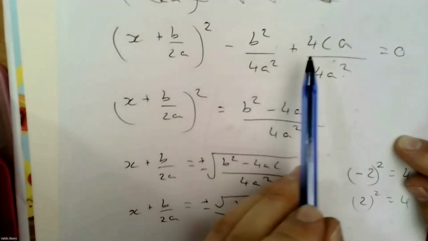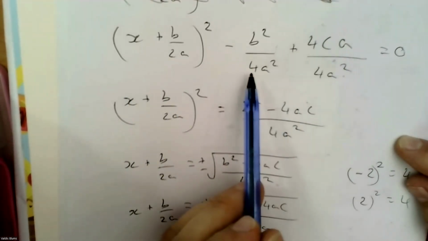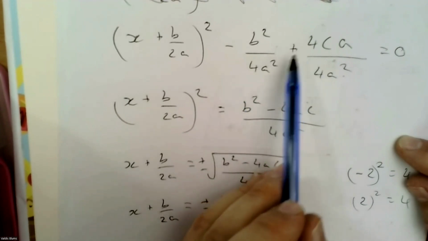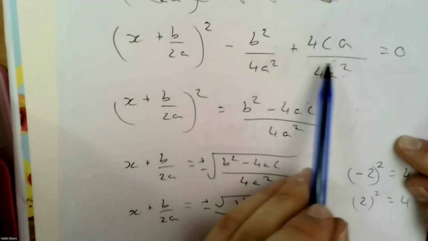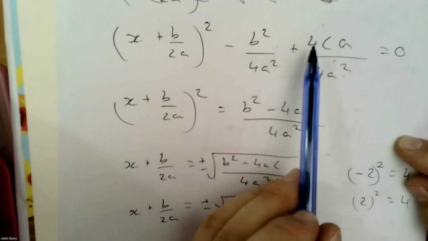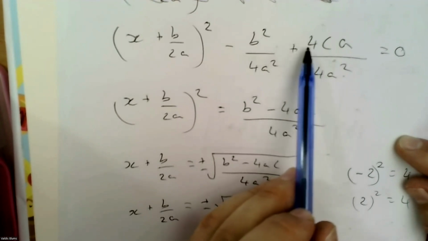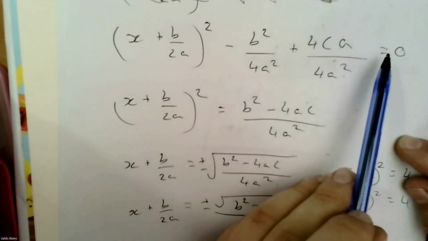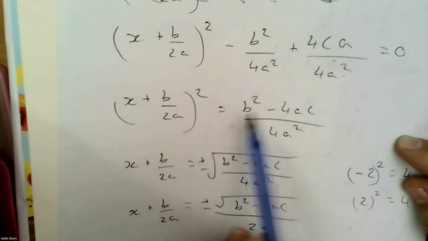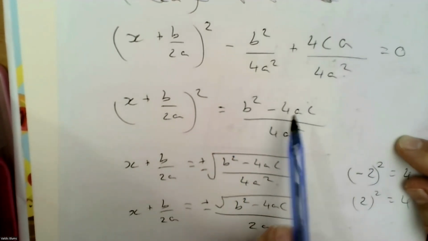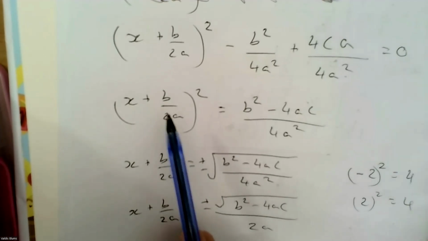And I'm now at this point here. So I've scaled this one to have the common denominator. And we can now put all of this over the same denominator. So you'll have a negative b squared and a positive 4ac. So we can move this over to the other side of the equation. So the b squared becomes positive, the 4ac part becomes negative, and we are left with this.